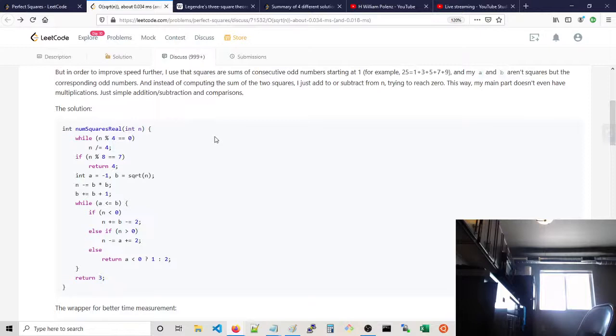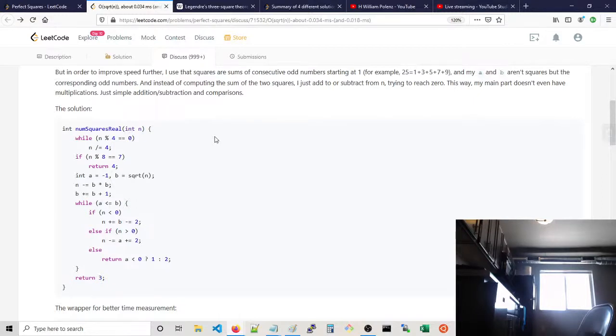And then once you exit that loop, you find that you can't do it as 2 perfect squares, you return 3. Yeah, you can't do it with 1 or 2, so it's got to be 3. If you don't get 7 mod 8 after removing all of the powers of 4, then you can do it with at most 3; otherwise you need 4 perfect squares.